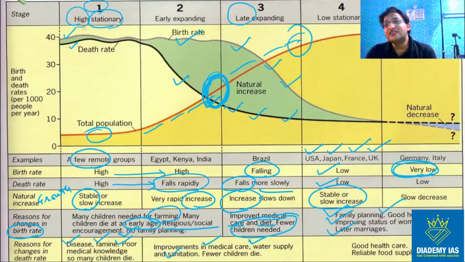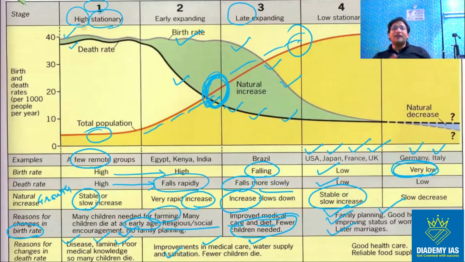So these are the societies, the countries where there is presence of demographic burden. यहाँ पर डेमोग्राफिक बर्डन होता है ज्यादा। डेमोग्राफिक बर्डन क्यों होता है? क्योंकि the new children are not being born and the people are becoming older. So societies like Germany, Italy, all these are in the fifth stage.